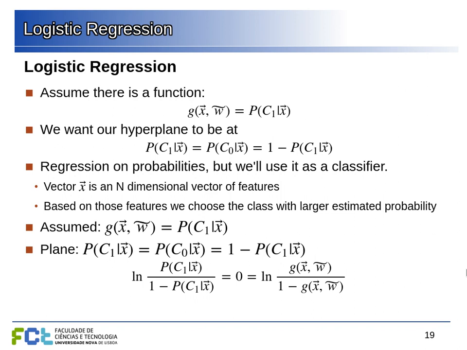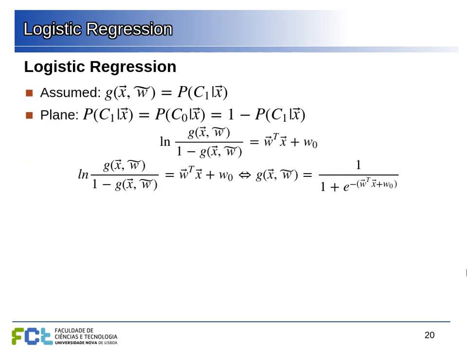The reason why we're doing this transformation is because of the shape of the function we get later, but we can see it now. We don't know yet what our function would be, but we know that when this is 0, we are at the discriminant, and we want the discriminant to be linear, this hyperplane defined in this way.